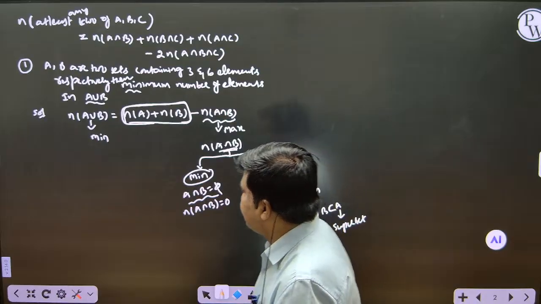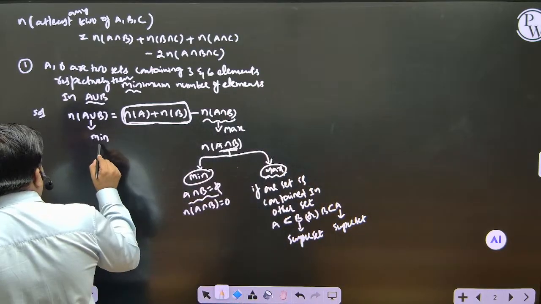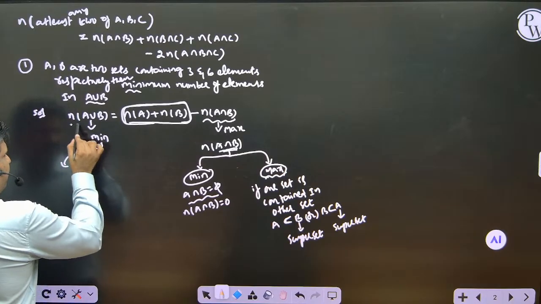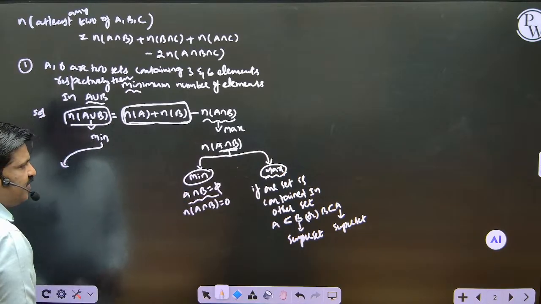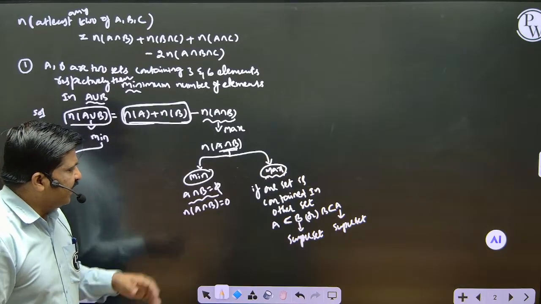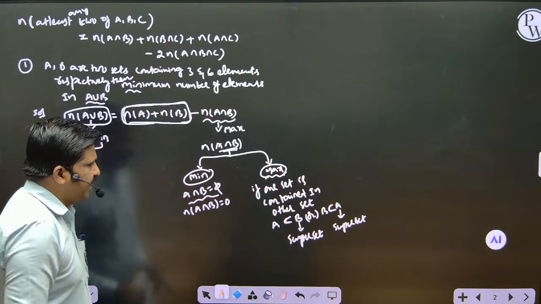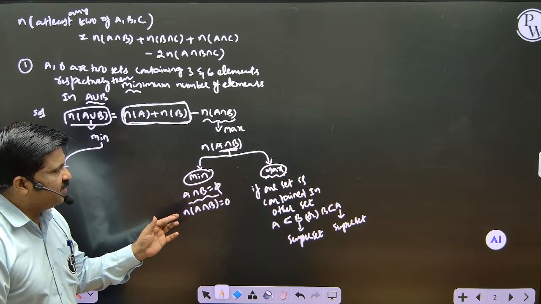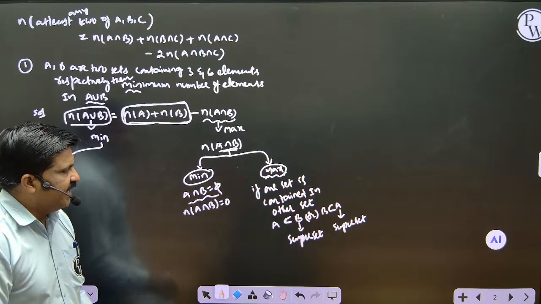So the minimum of A union B simply gives the maximum of n of A. According to this, minimum is possible when their intersection is phi. Maximum of A intersection B is possible if one set is contained in another set.